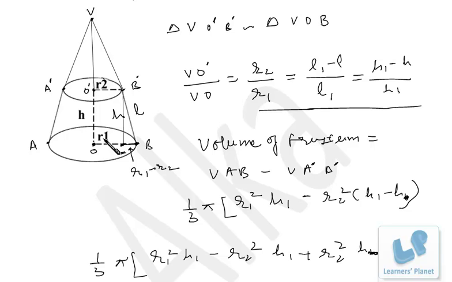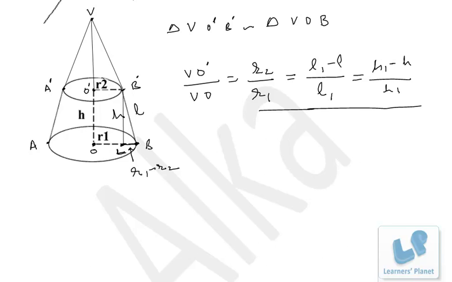Now let's find out the surface area of this frustum. Suppose we have to find out the curved surface area of this frustum. Again, you can very well see from this entire cone, the curved surface area of a cone is actually pi r l. So for this entire cone, it will be pi r1 and the total slant length is l1. This is the curved surface area of this bigger cone, right?